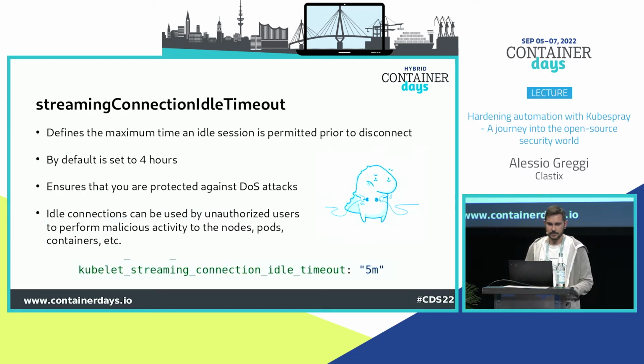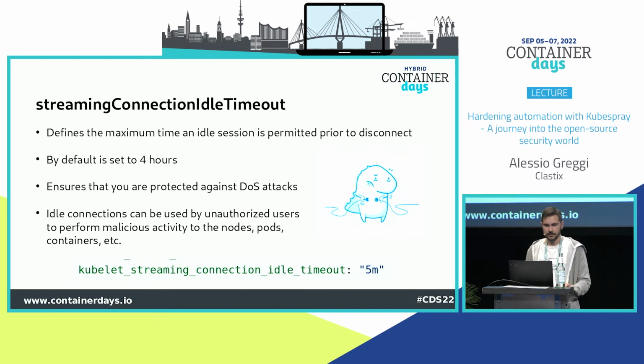After the EventRateLimit, we also provided a contribution in order to manage the streaming connection idle timeout. The streaming connection idle timeout is a parameter from the kubelet, and it essentially defines the maximum time that an idle session is permitted prior to being disconnected. And the most important fact is that by default it is set to 4 hours. You can understand that is a really long time if you think of an attacker, because in this time you can essentially do whatever you want.